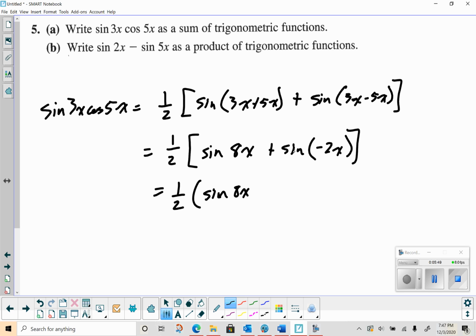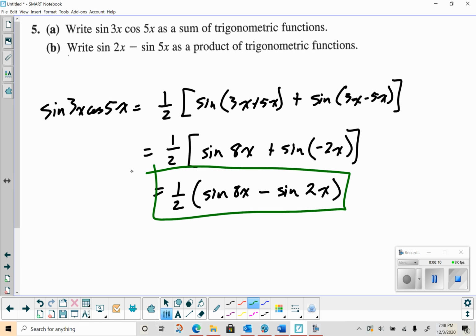Sine of negative theta is equal to the negative of sine positive theta. So I can turn this from sine of negative 2x into minus the sine of positive 2x. So again, that even odd function is how that went from what should be an addition into a subtraction.